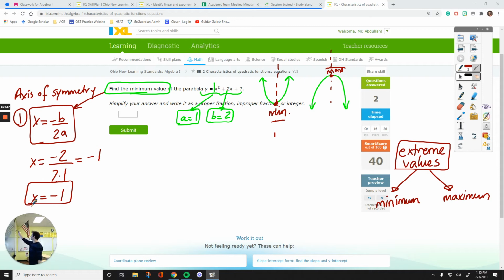So this step is just an extra so you can visualize what we are talking about. We have an upward graph because this value is positive. The arms are going to open up. The graph is going to open up. At x equals negative 1, the graph is going to be divided into 2 equal pieces. And at this point, that's your y-intercept.